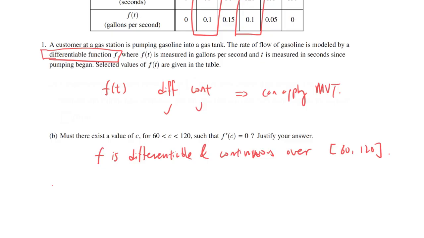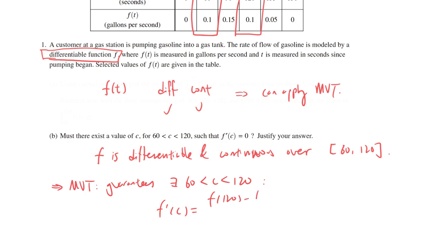Then the MVT guarantees that there exists a c within this interval such that f prime of c equals f of 120 minus f of 60 over 120 minus 60. And that is equal to 0.1 minus 0.1 over 60, and that's equal to 0.